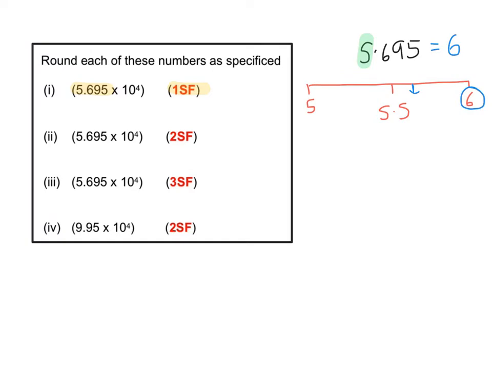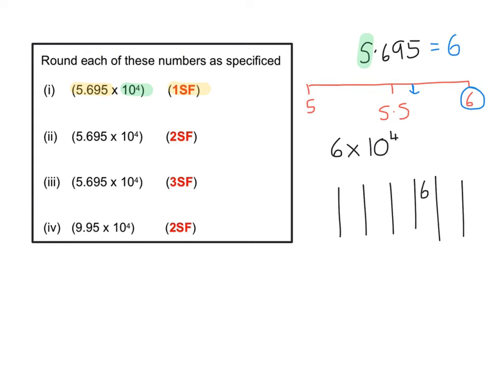So I've done the significant figure part. Now I need to reintroduce the times to the 10 part. So we're going to have 6 times 10 to the power of 4. Use my place value table. Again, doesn't need headings.